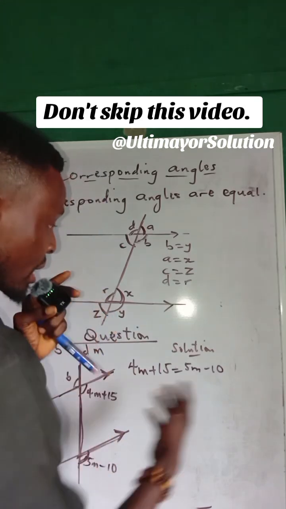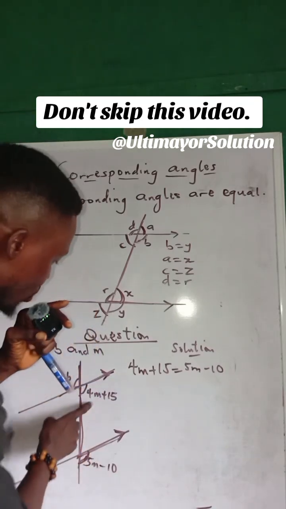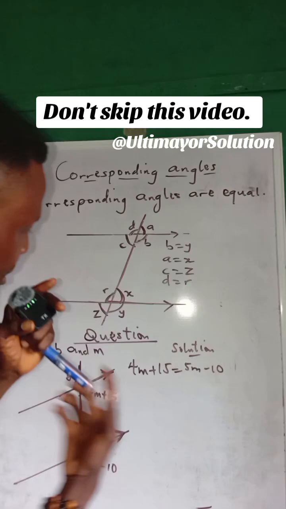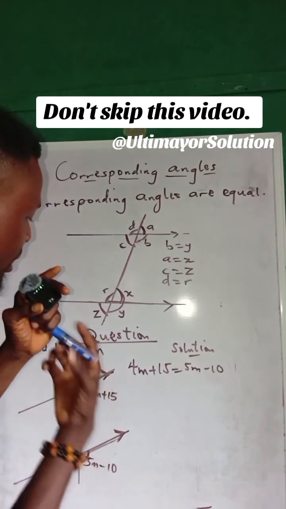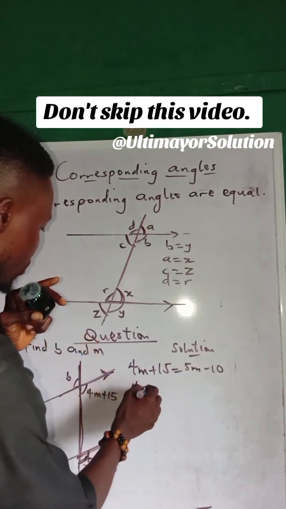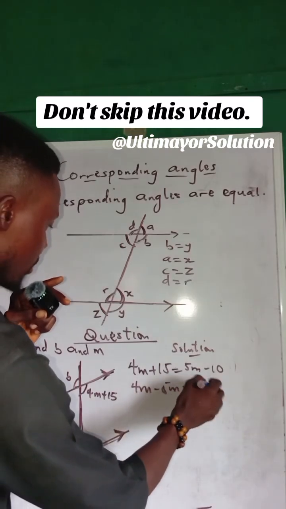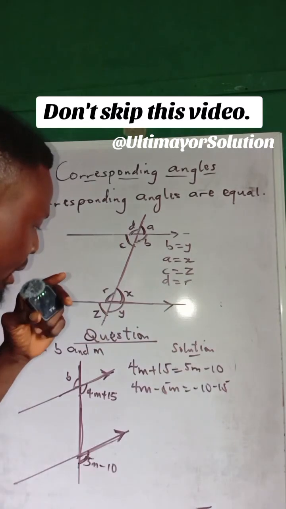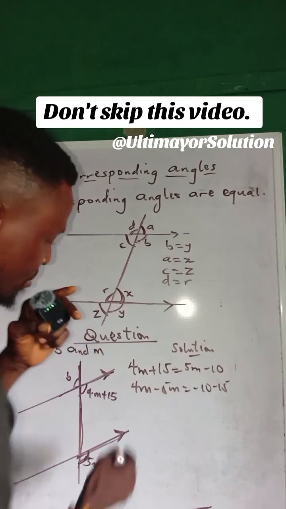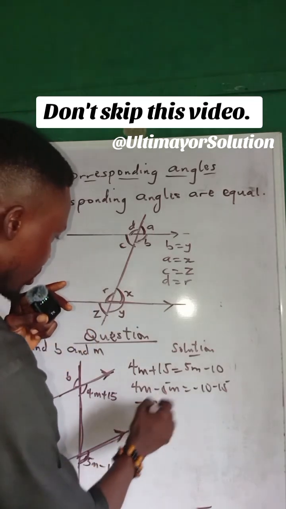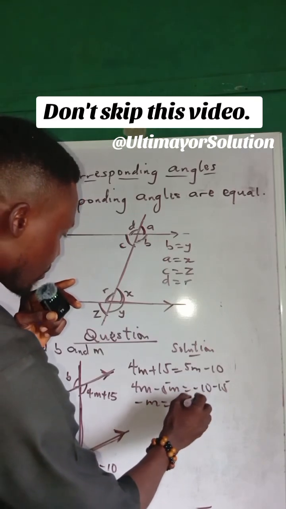Because of the space, I will not write the reason. After we equate these two because the angles are equal, the next thing is, let's take this 5M to this place and 15 to this place. So we are going to have 4M minus 5M is equal to minus 10 minus 15. Now 4M minus 5M will give us minus M. So we have minus M is equal to minus 10 minus 15, which gives us minus 25.